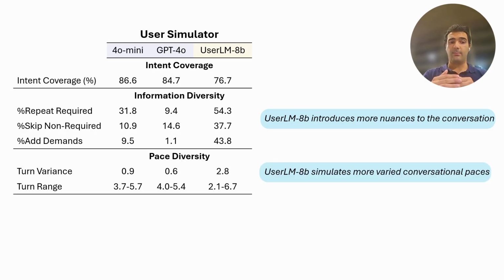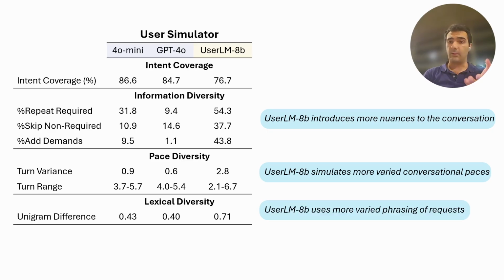It will have much higher pace diversity, meaning the number of turns. The number of turns in a given conversation might range from 2 to 7 with user LM, but with GPT-4o Mini or GPT-4o, it's in a much narrower band of 4 to 5, right? Perhaps you could play around with the prompts in order to increase diversity, but this occurs naturally with user LM because the model was trained on a diverse corpus of conversations.